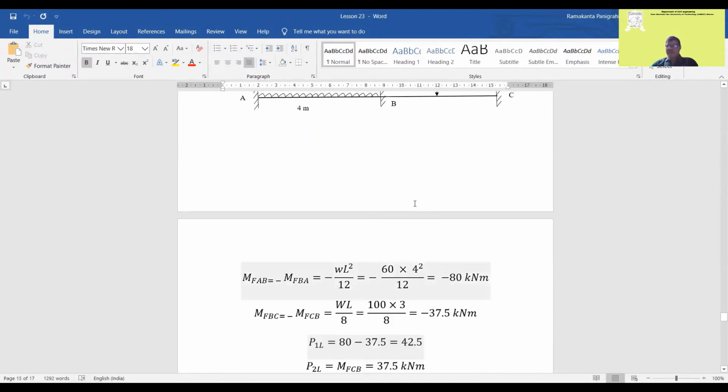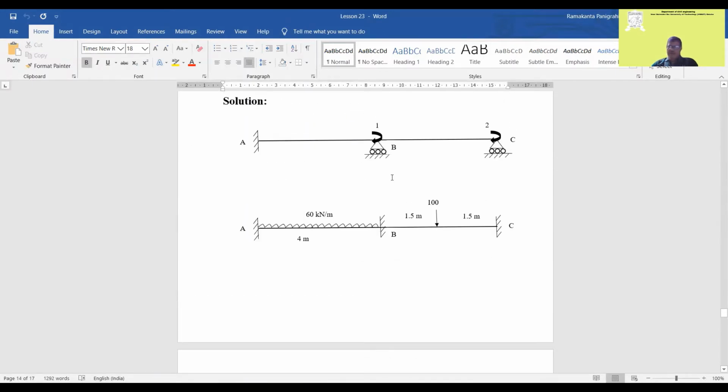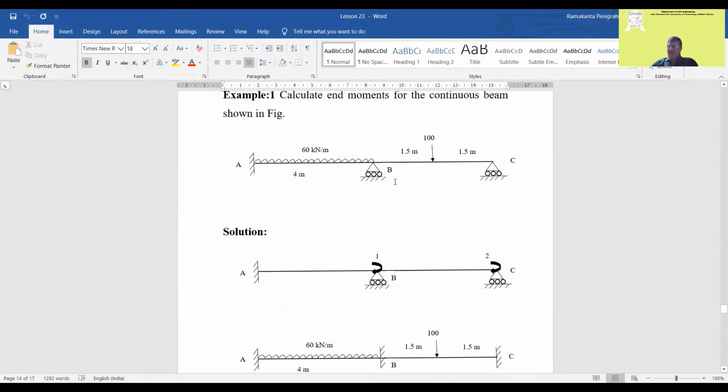Now, what is the P value here? P value means the load applied at the joints. In joint B there is no load applied, in joint C no load applied. If somebody gives a moment here, that moment will be considered as the joint applied load P. These loads are not those; these are coming due to the fixing, P1L.